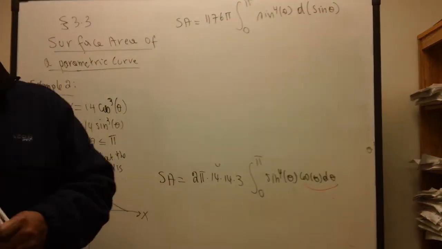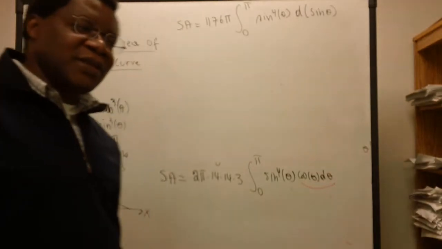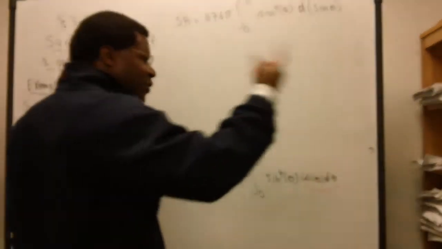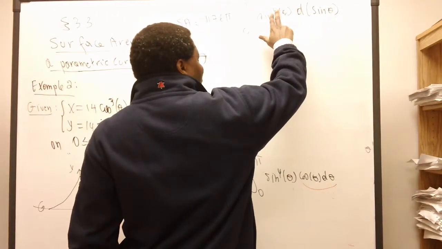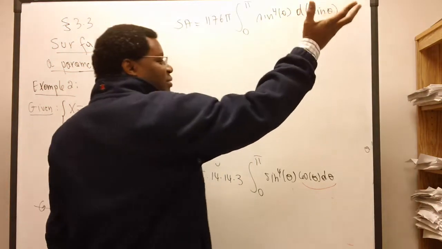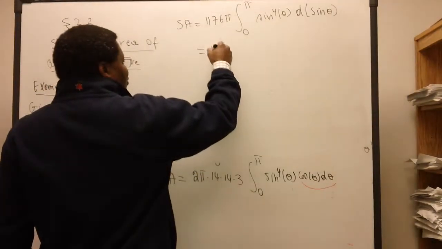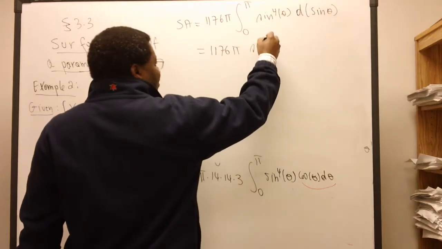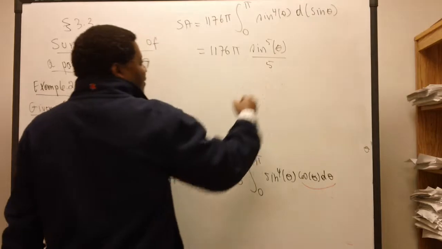So the d means derivative. So the derivative of sine theta is cosine theta d theta. Alright, so that means that if you think of this as u, this means u to the 4th. So you can just integrate using the regular power rule. So you get sine to the 5th theta over 5.